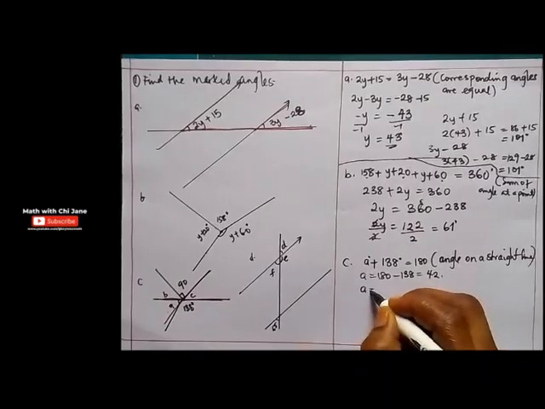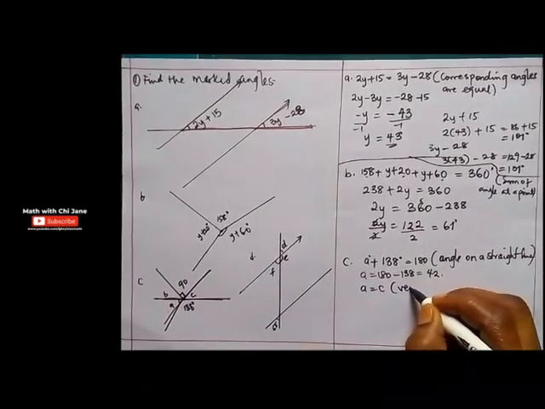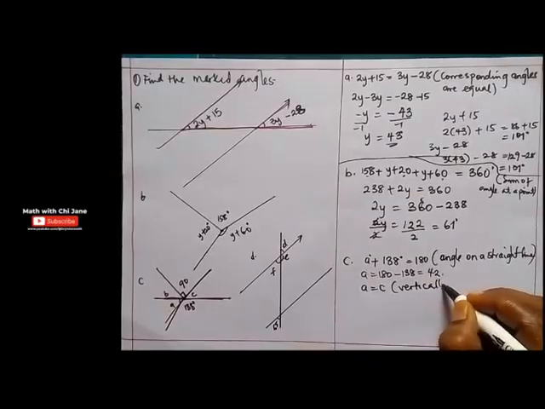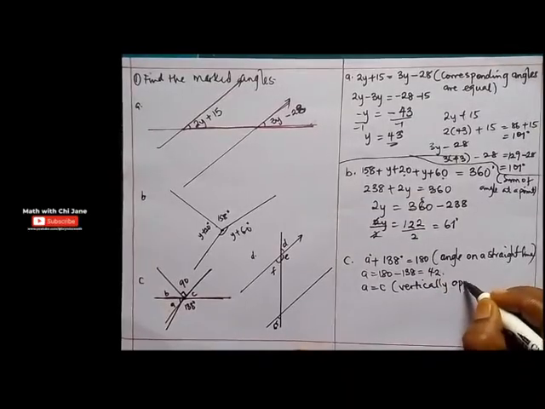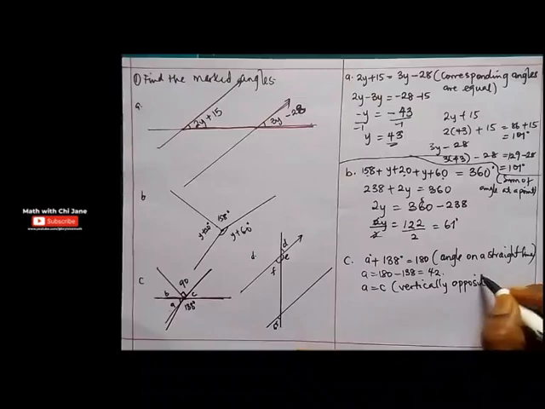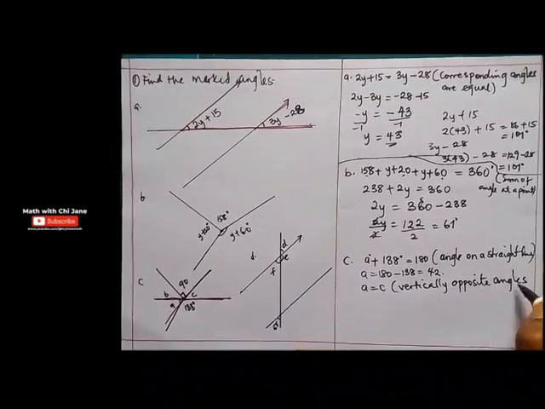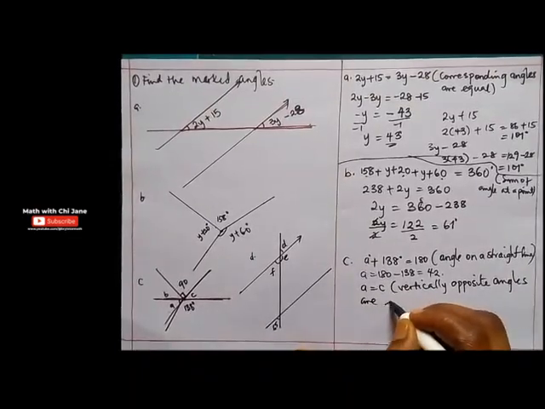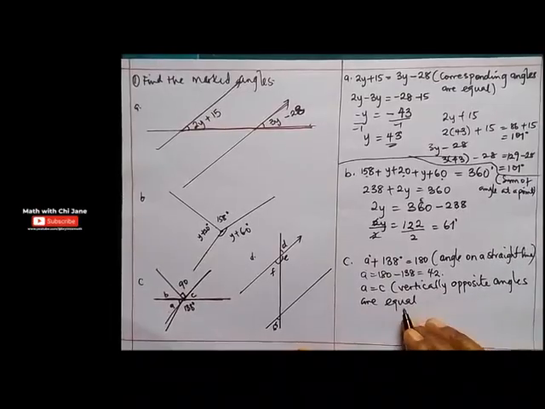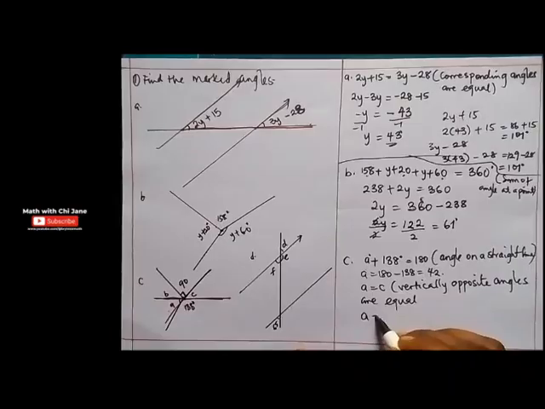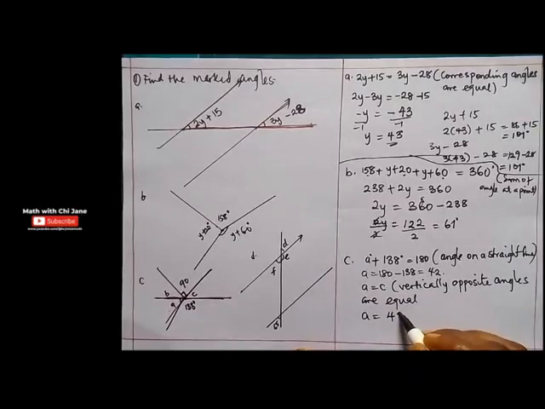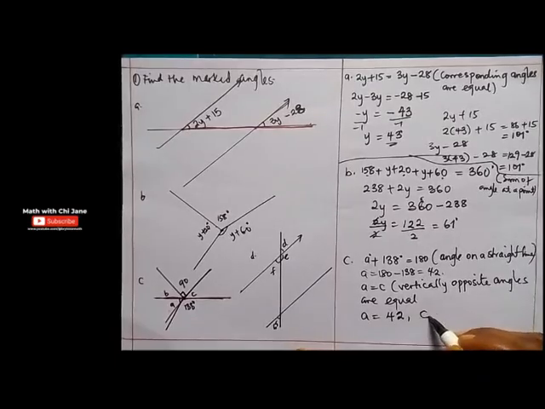So A is equal to C. Our reason is vertically opposite angles are equal. So if A is equal to 42, that means C is equal to 42.